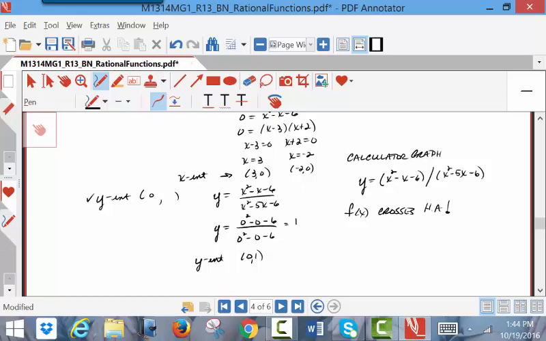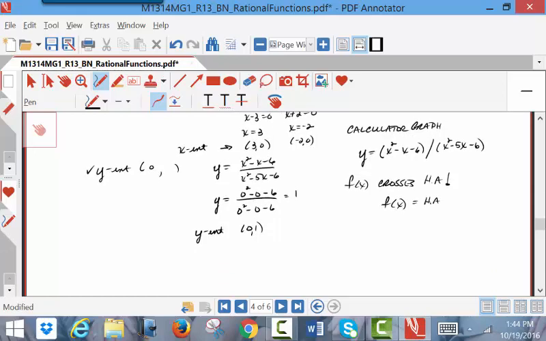To find where it crosses it, I set my function equal to the value of my horizontal asymptote. So this would be x squared minus x minus 6 over x squared minus 5x minus 6 equal to my horizontal asymptote, which was y equaling 1. You put that 1 in this equation.